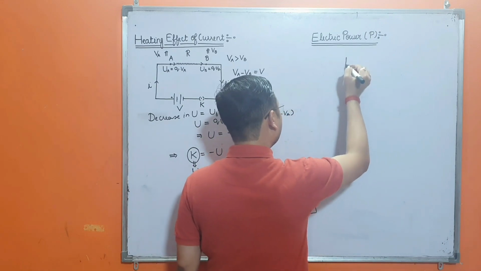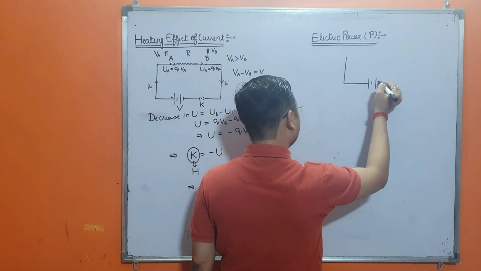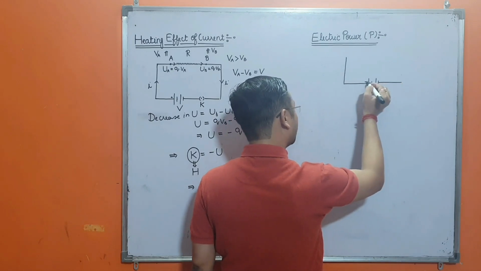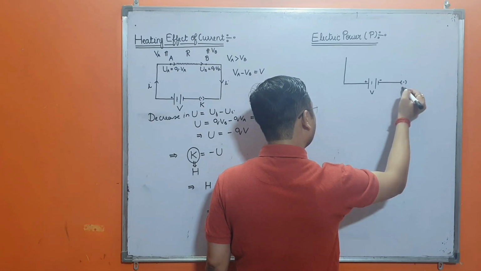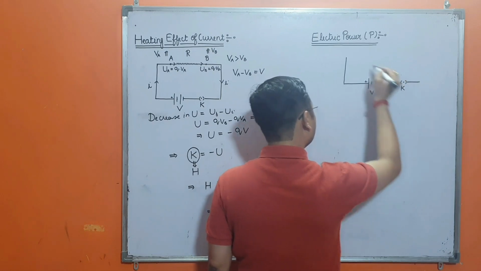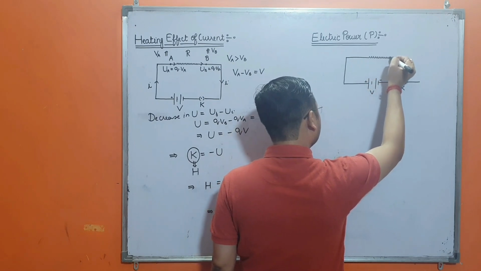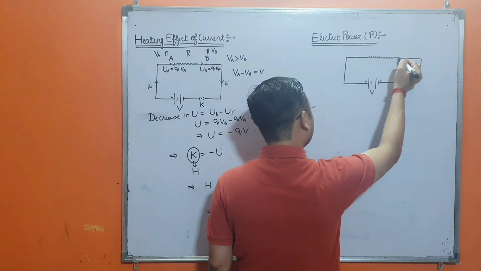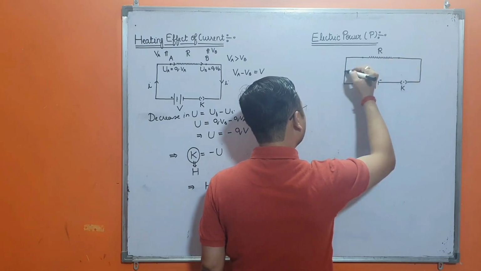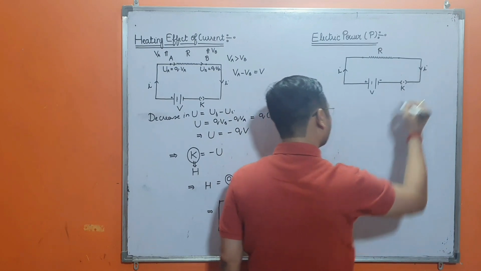In the circuit, let there be a DC source of V volt connected here. This is the DC source of V volt. The key K is closed. This is the resistor, and a steady current I is maintained by this DC source in the circuit.